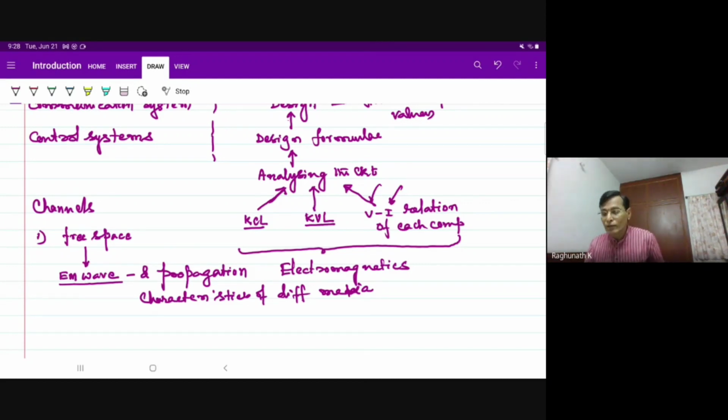Having fixed it, whatever I have in my circuit is the voltage or current representing the information. Whatever I'm supposed to put into the channel is electromagnetic wave.